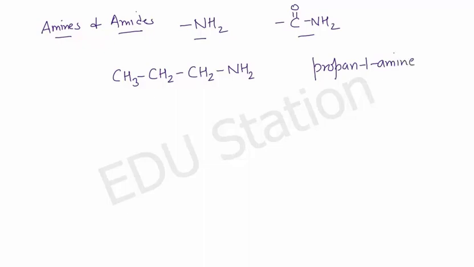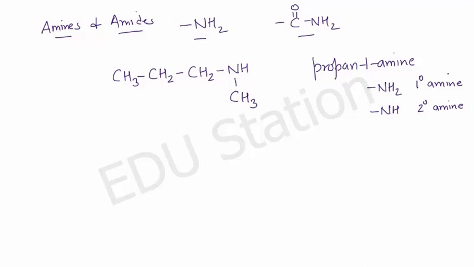If you have NH2, it is an example of a primary amine. Now we replace one of the hydrogens with CH3. If you only have NH, it becomes an example of a secondary amine.